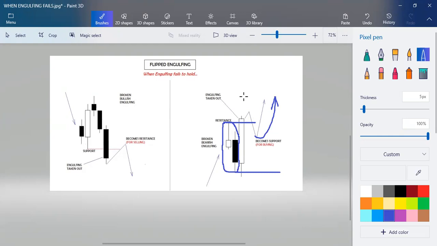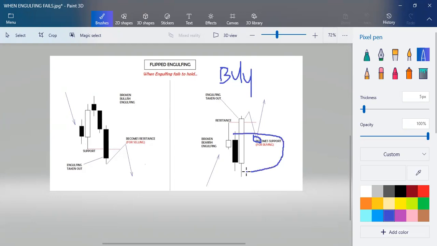Center zone, right? So that's for buy. So you buy here at a retest, because this place has created another new bullish engulfing.